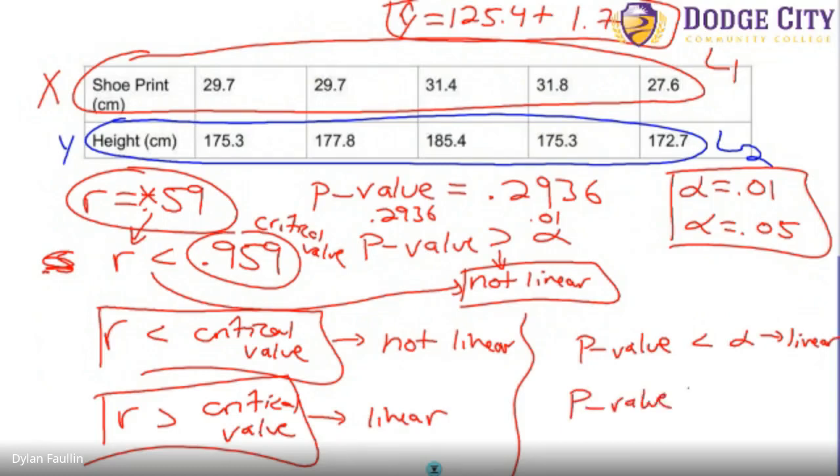If the p-value is greater than alpha, it's not linear. But this kind of has to go back to what we did in chapter 8, which is if the p-value is less than alpha, you reject the null hypothesis. Rejecting the null is rejecting that it's not linear, which means we're accepting that it is linear. Here, p-value greater than alpha, you're failing to reject the null, which means we're failing to support the alternative, which means we're failing to support that it's linear.